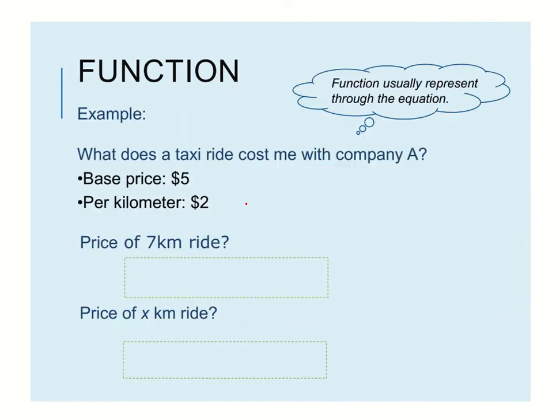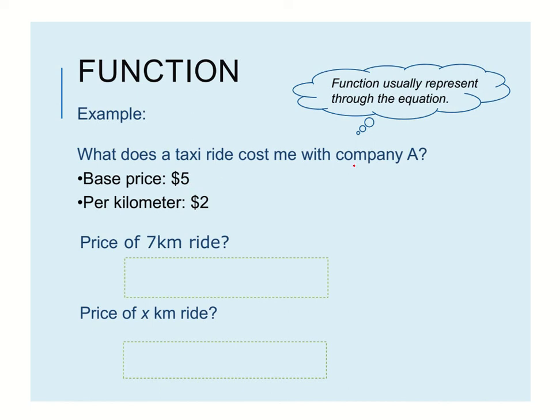Okay, let's move on. Let's look at this example to understand further what a function is. What does a taxi ride cost me with company A? The base price is $5 and per kilometer is $2. If you take a taxi, once you get in the car, you have to pay the base price.